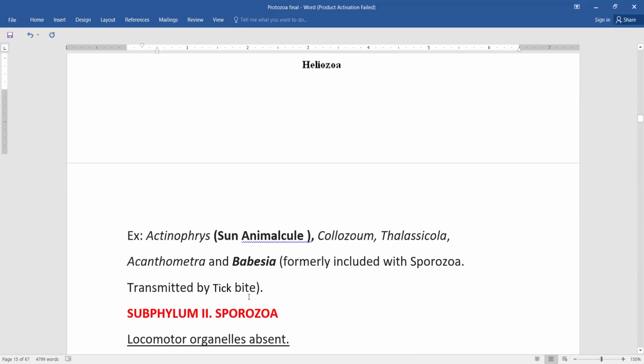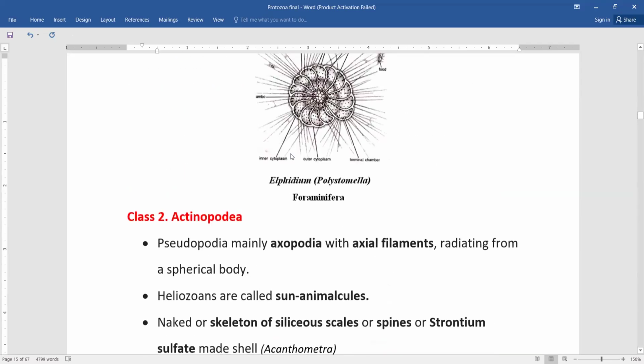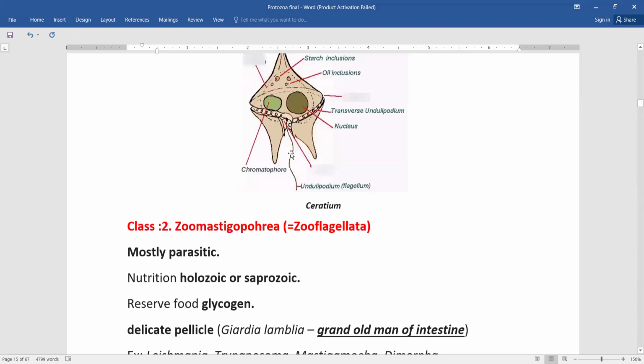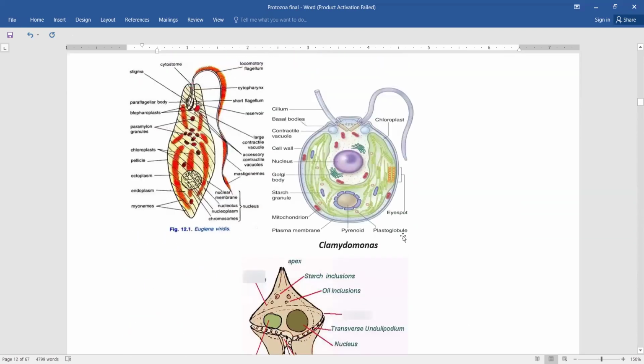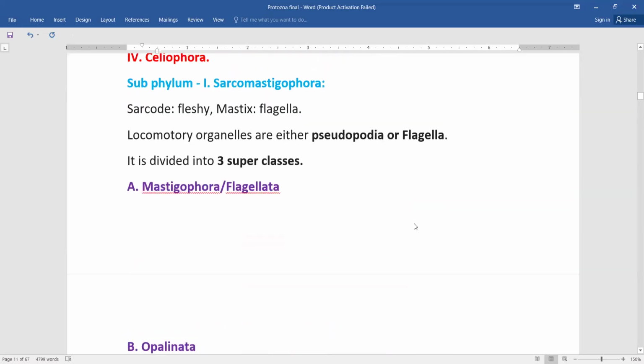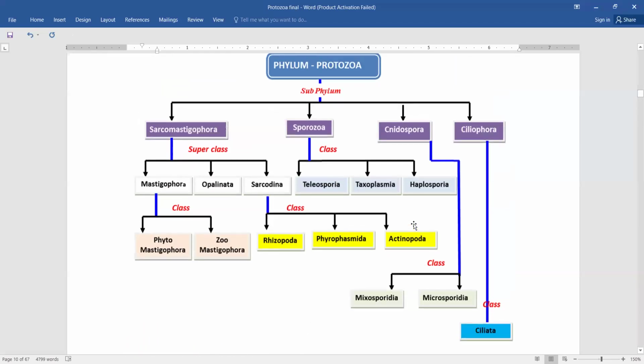So that is about the classification of protozoa. You should follow it. I'll give you the notes of this classification. I'll send you after this class. You go through the classification and try to learn by heart where I have highlighted.